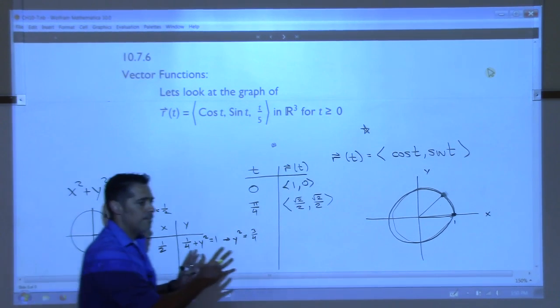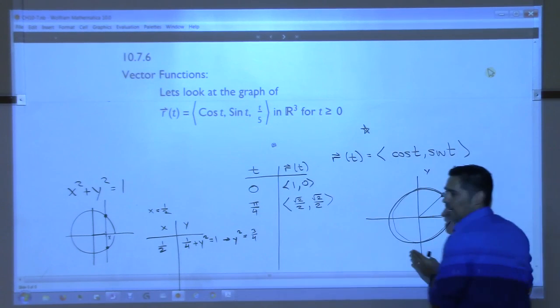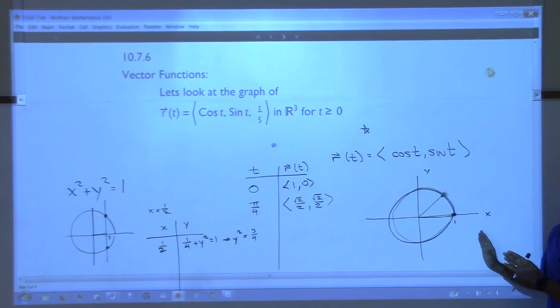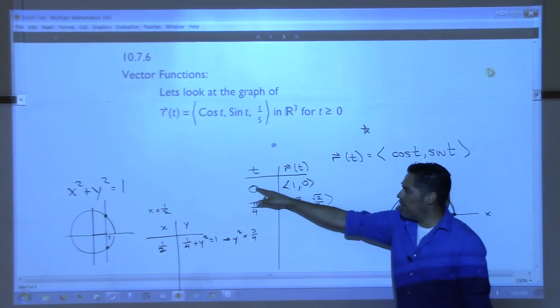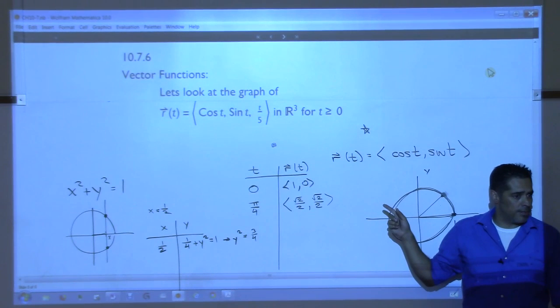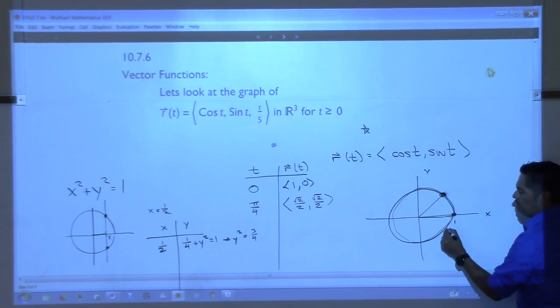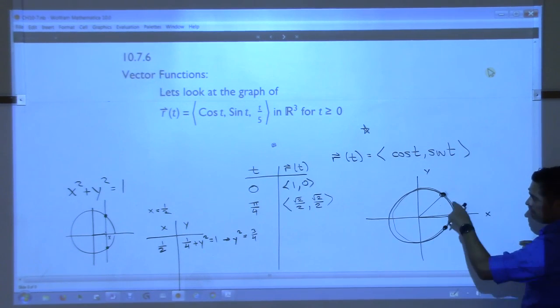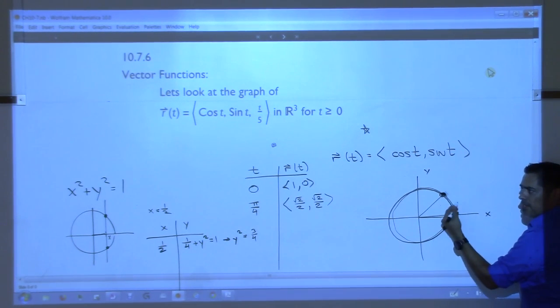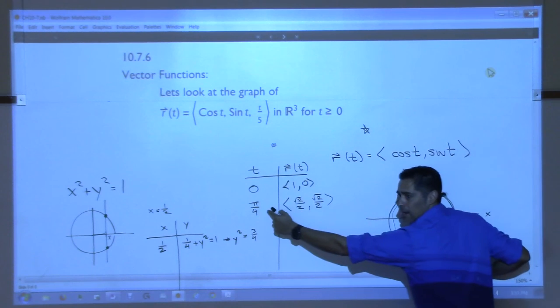Now come over here. Is this a function of t? Yes. Because you never have a problem of 1 input going to 2 outputs. Look, if you try and say, look at this point, like those 2 points over there. This point came from a t value, pi over 4, right?